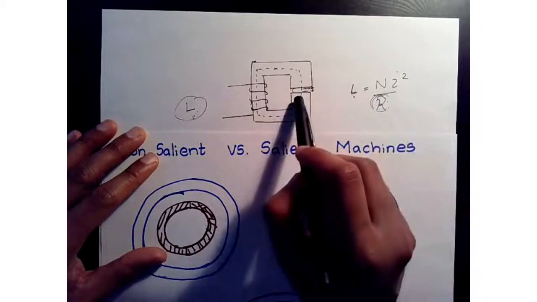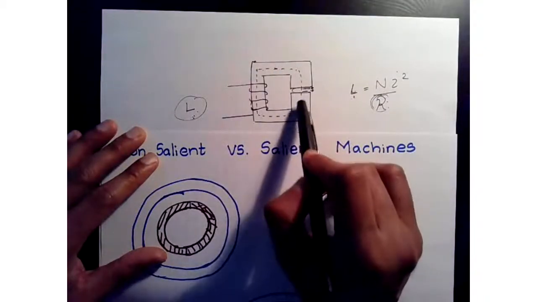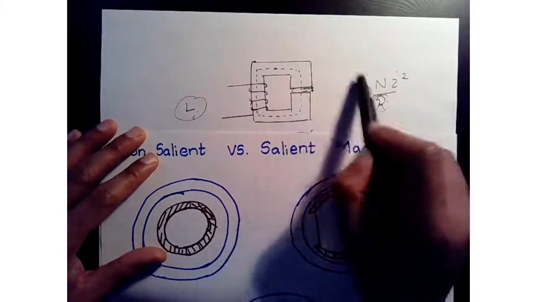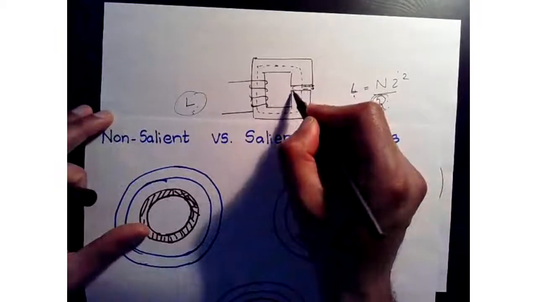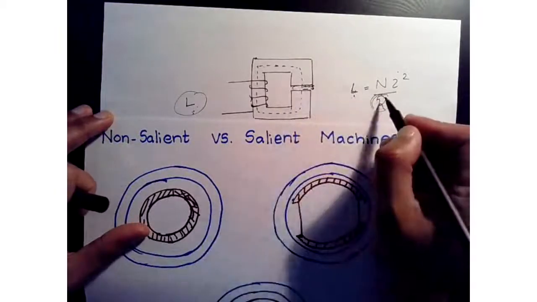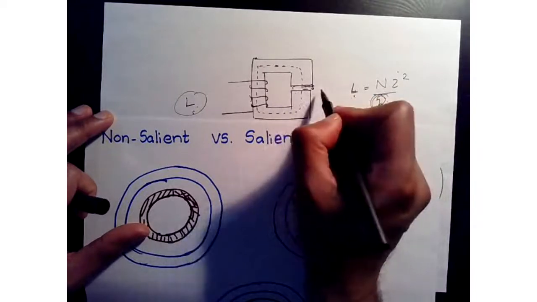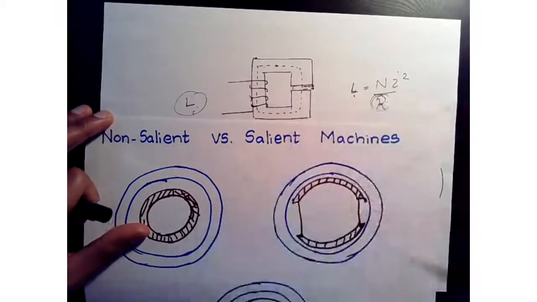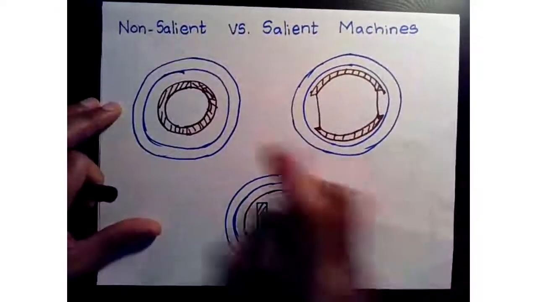So what will happen is, if you change this air gap or the material, it will have an influence on the total inductance. You can choose to fill this gap with material, and that reluctance is different compared to having an air gap. So the same principle will apply to the machine.